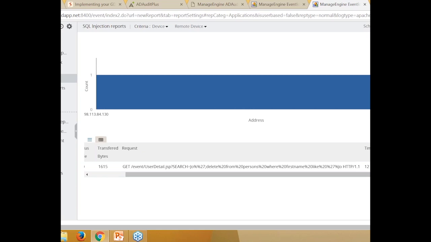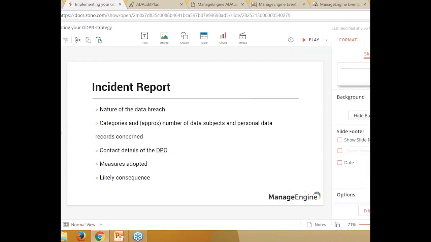Plus, I have the information in real time that this particular incident has happened in my IT infrastructure, and easily within the 72 hours, I can give the authorities a foolproof incident report that tells them what the data breach was, the nature of the data breach, which in this case was a SQL injection attack.